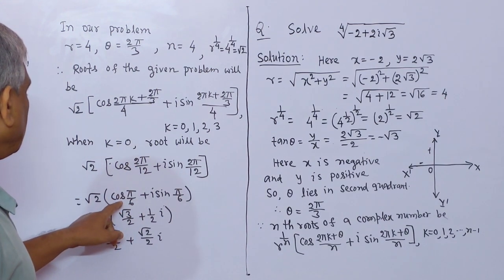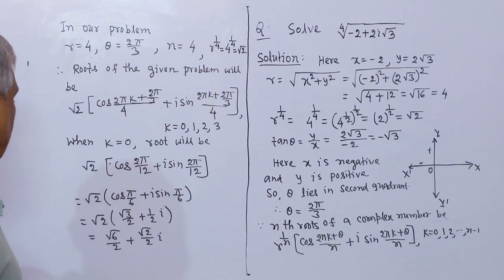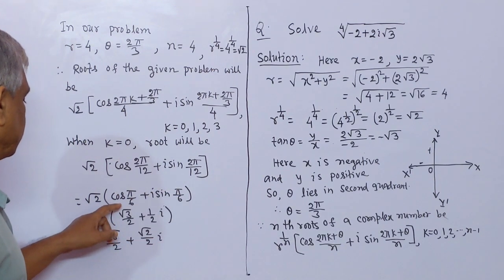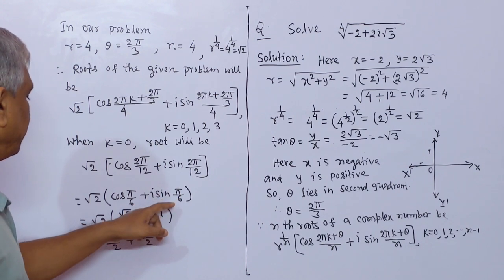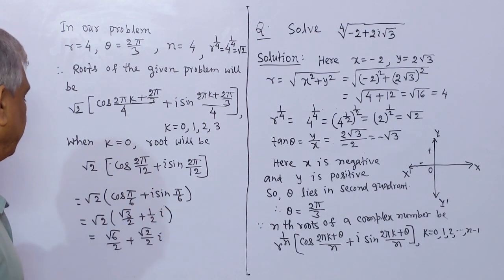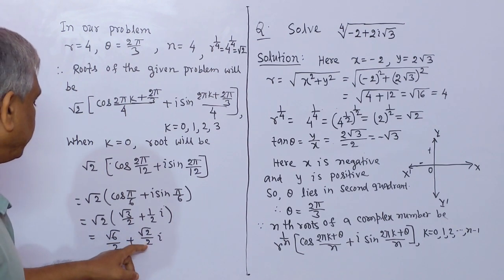This is cos pi by 6 plus I sin pi by 6. Value of cos pi by 6 is square root 3 by 2 plus value of sin pi by 6 is half I. So this root will be square root 6 by 2 plus square root 2 by 2 I.